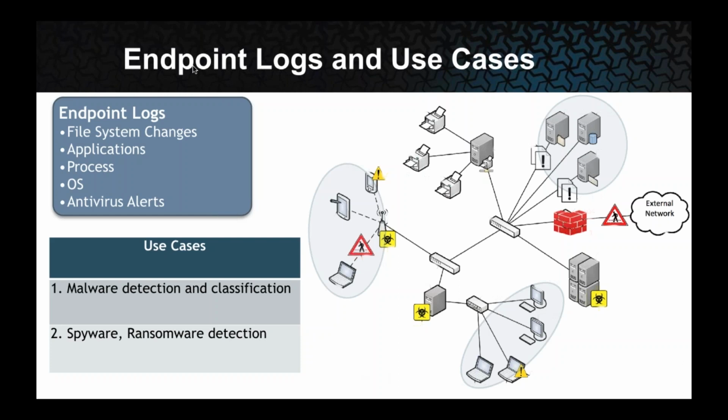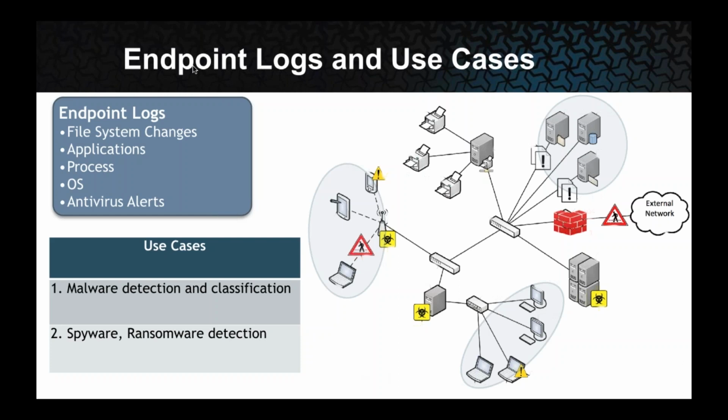So at the endpoint, if we start monitoring each file system, application, process, and the OS log, then it easily runs into terabytes as well. This kind of data can be leveraged to figure out if there is a malware running, or if there is an anomalous process or anomalous application running over there.